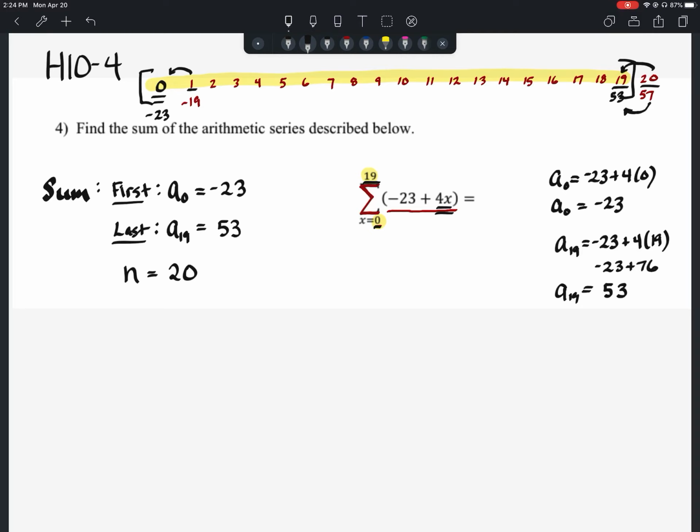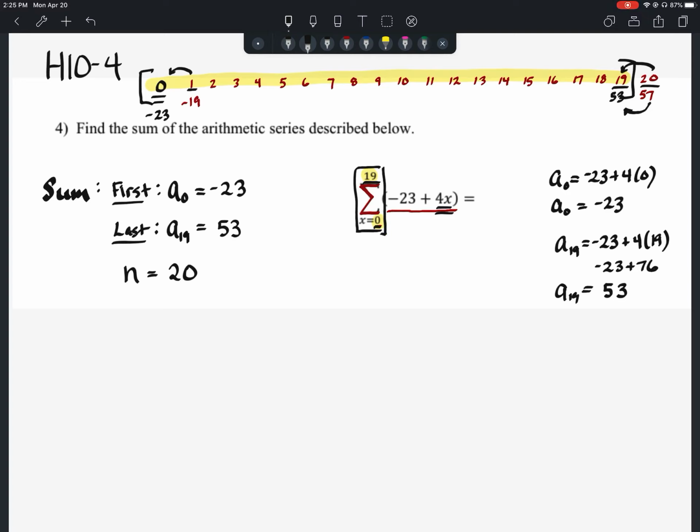We already said that we have 20 terms. Now, a little trick here for you. Hopefully you're watching this, you're going to have a bit of an advantage because I haven't told anybody this. We didn't go through this in the notes because I didn't want to overwhelm everyone. But let's talk about the number of terms here. How do I get 20 terms from looking at 19 on the top and 0 on the bottom?